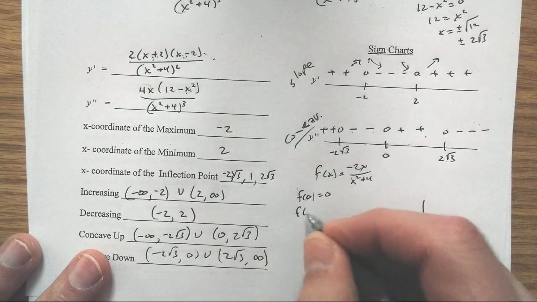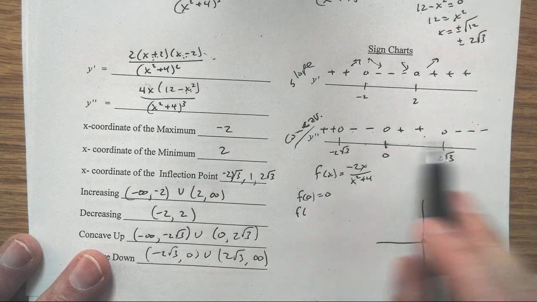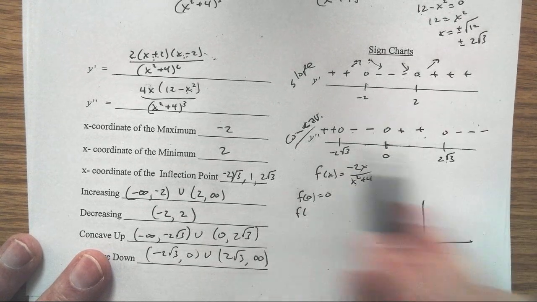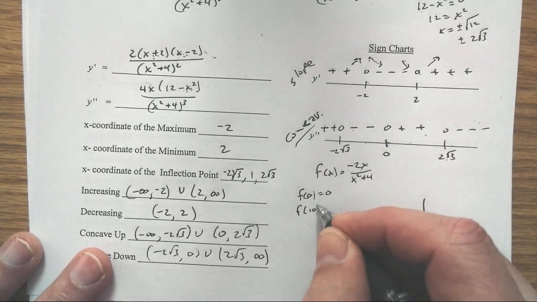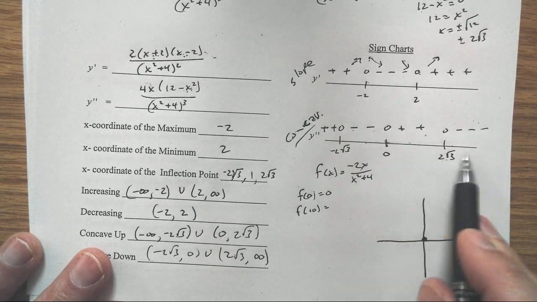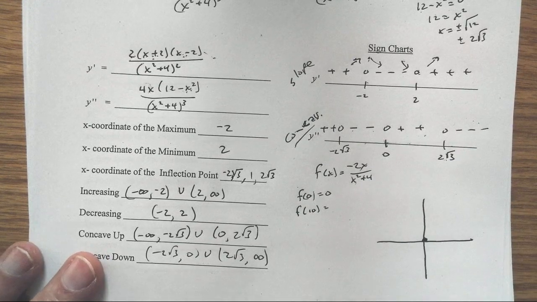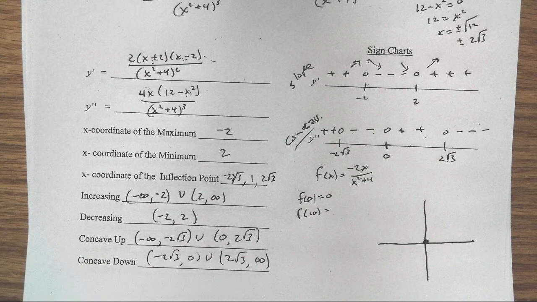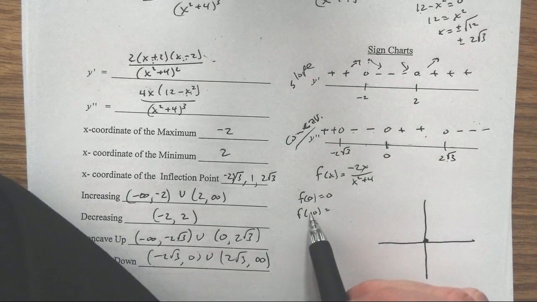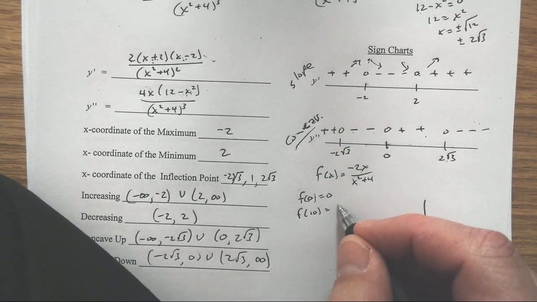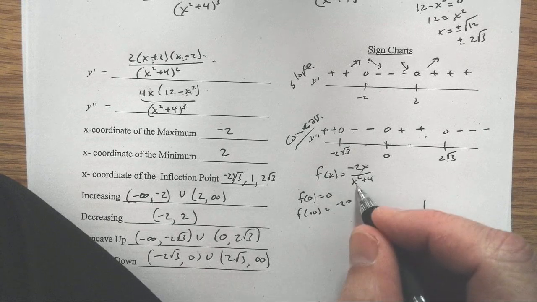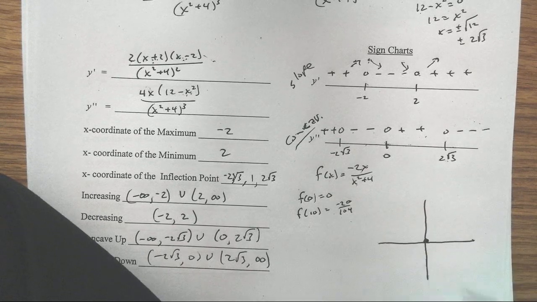And now I'm going to find a value that's to the right of where all of the interesting stuff is happening here, and 10 would be fine. By the time we get to 10, we're well beyond where any of our interesting calculus-type points are. So f of 10 in this original function would give me negative 20 over 104.